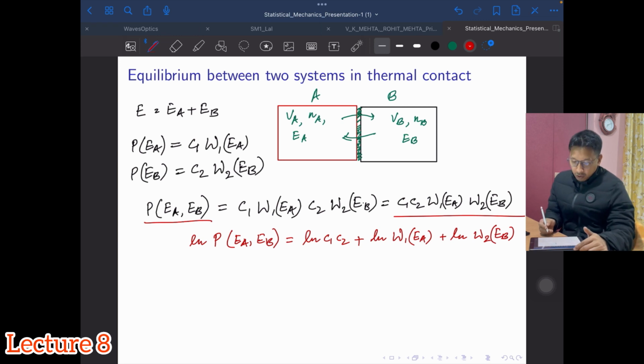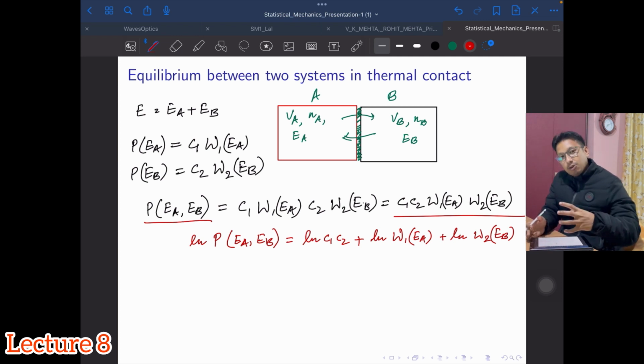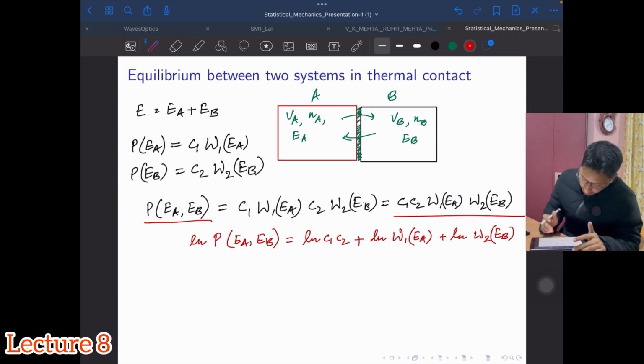Okay, so now let us maximize this expression and equate it to 0, because thermodynamic equilibrium will be that state which has the maximum probability. Okay, so let us maximize this expression with respect to energy EA, let's say. So I'll take the first derivative of this expression with respect to EA and then equate it to 0.